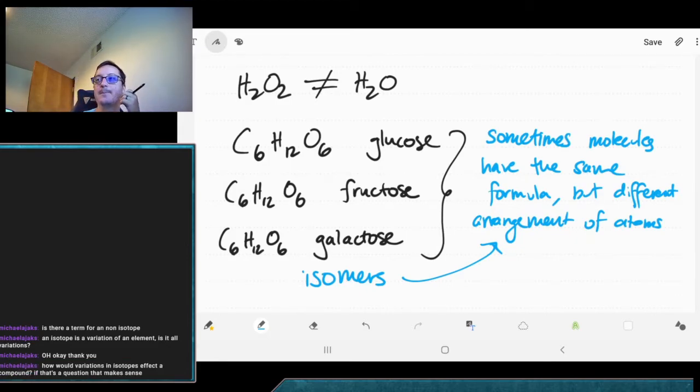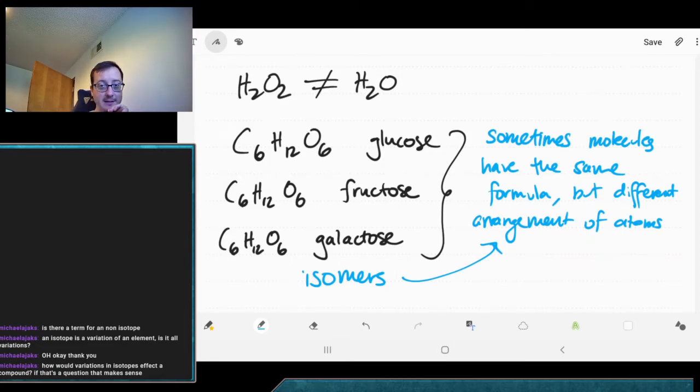Yes, it makes sense. Isotopes have very, very minor effects upon the chemistry of a compound. In organic chemistry, we'll see a few instances where having deuterium instead of regular hydrogen makes a chemical difference.